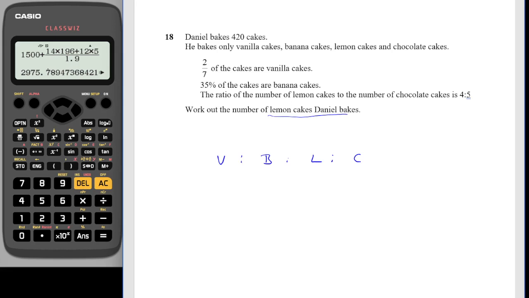Okay, so the first bit tells us that 2/7 of the cakes are vanilla, so that's in effect 2 to 7. 35% of the cakes are banana, so 35%. And I'm actually going to change this as I do it. So we've got 2/7 there. The ratio of the number of lemon cakes to chocolate cakes is 4:5.